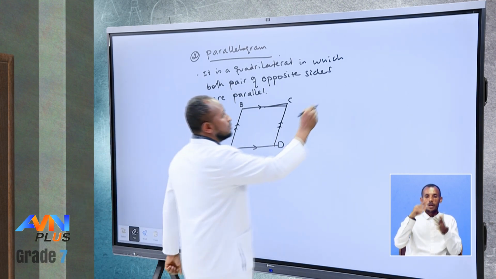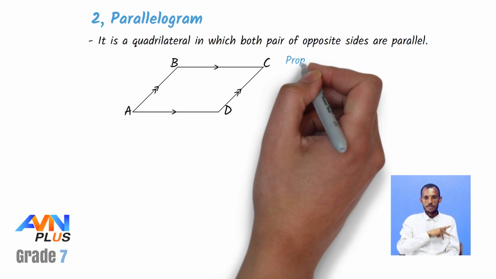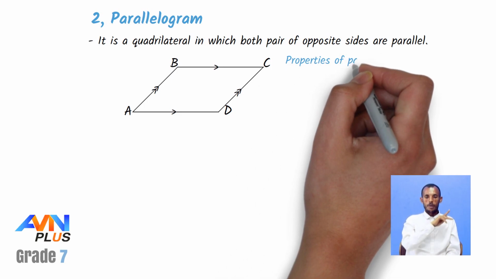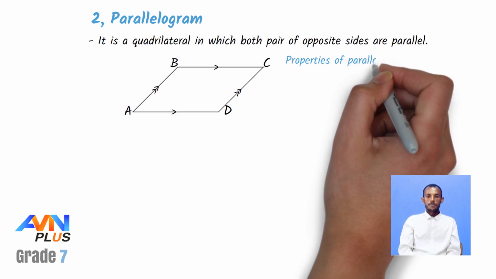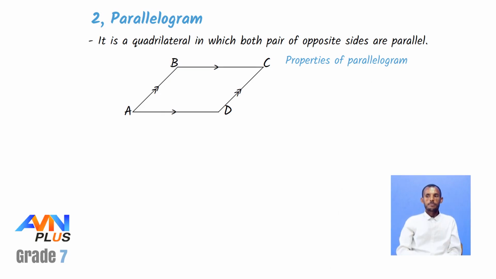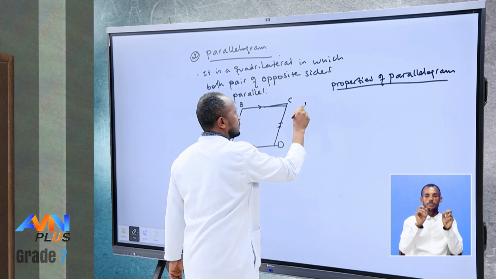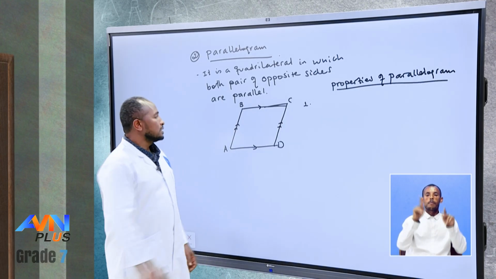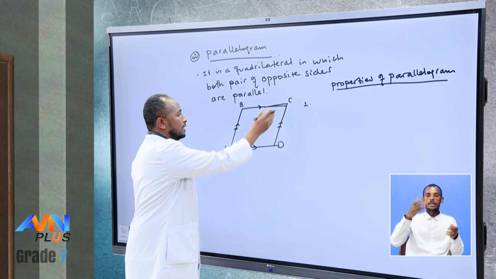Properties of parallelogram. One: in a parallelogram, the opposite sides are congruent.